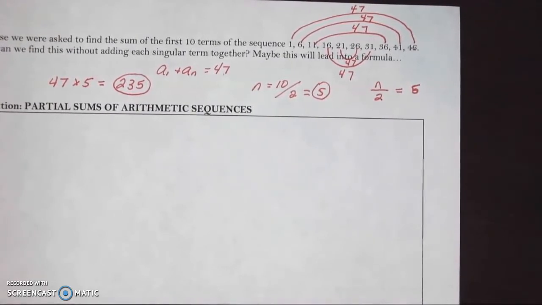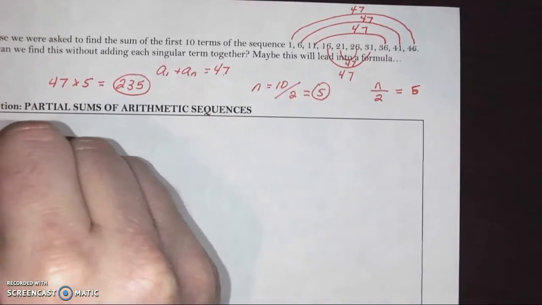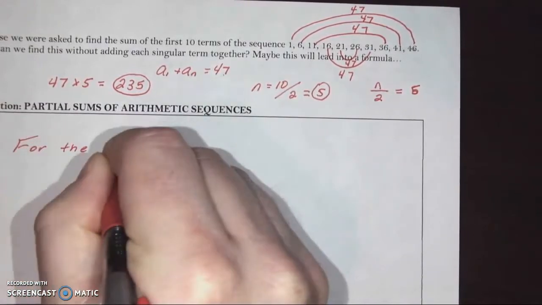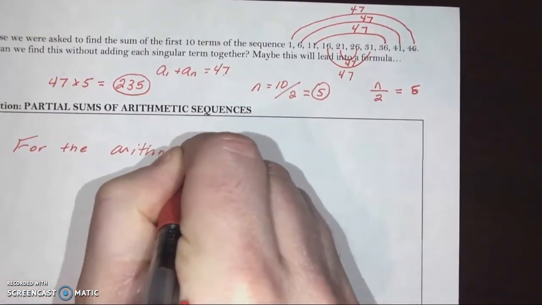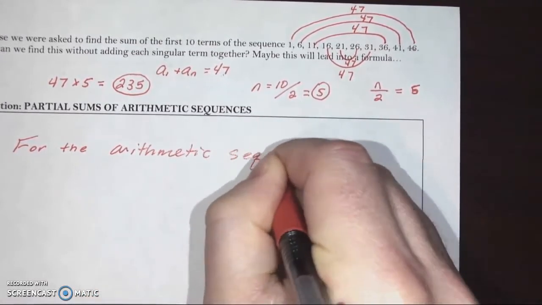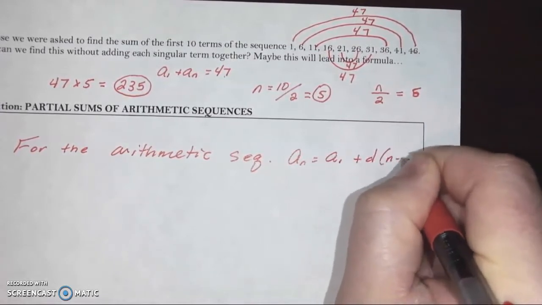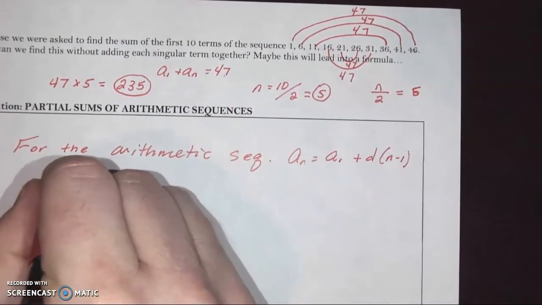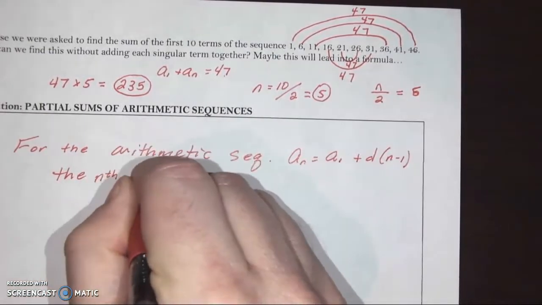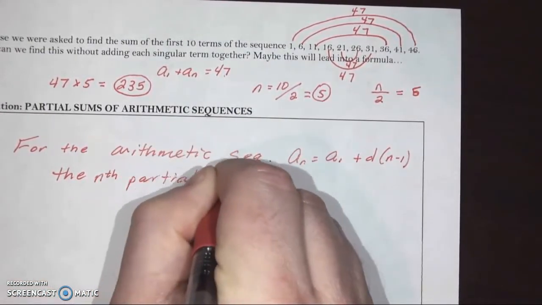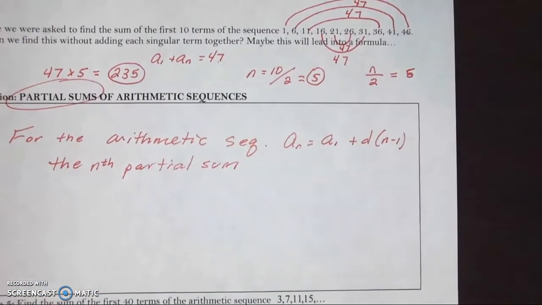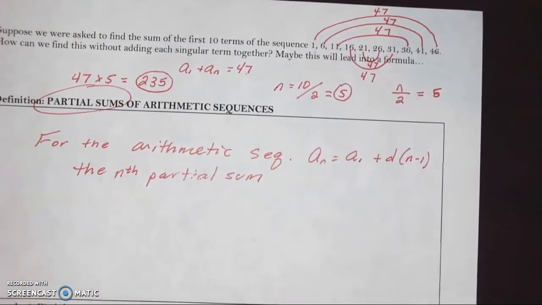All right, cool. We'll give you a definition, and maybe we'll see some similarities to what we did there. For the arithmetic sequence, a sub n equals the first term plus the difference times n minus 1. The nth partial sum. Remember, when we're dealing with partial sums, we're going to be looking for the sum of the first however many terms.